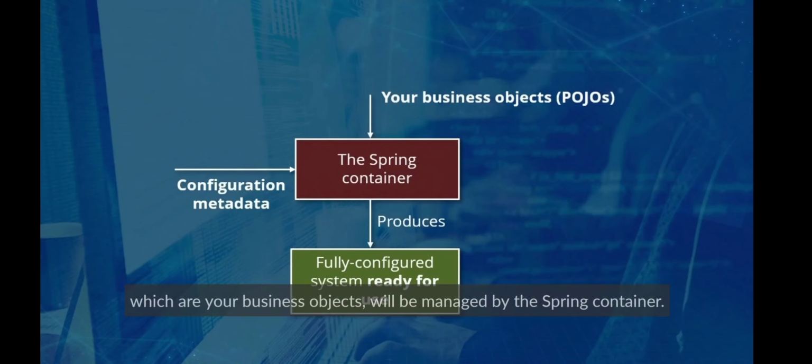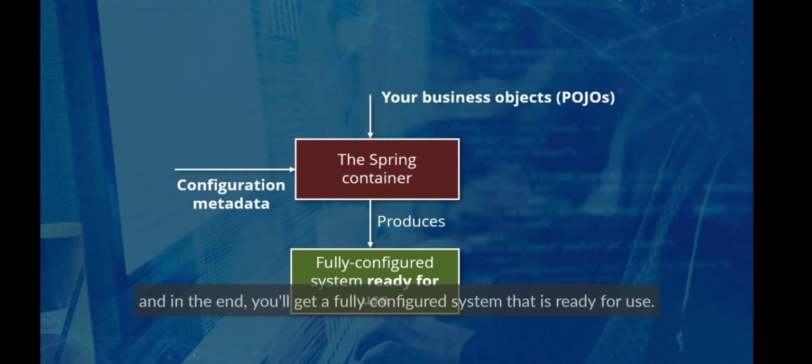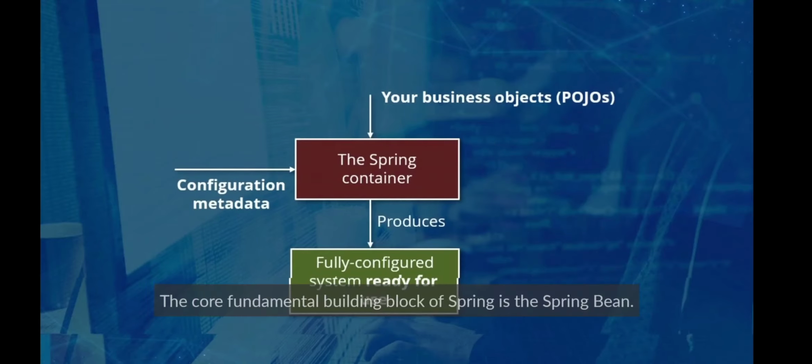These POJOs, which are your business objects, will be managed by the Spring container. In addition, you might specify additional configuration metadata for your object. This can be via Java annotations or via XML configuration files. This configuration metadata will be applied to your business objects, and in the end, you'll get a fully configured system that is ready for use.